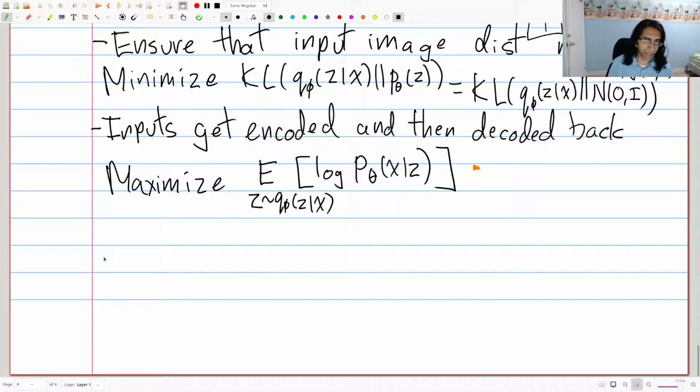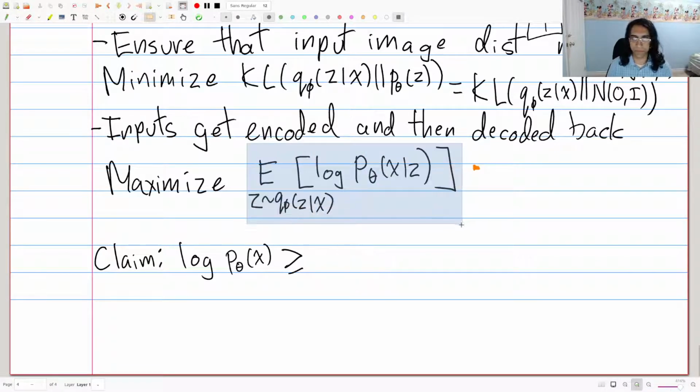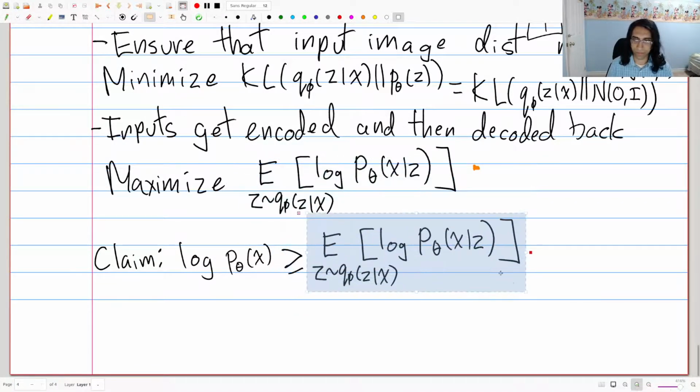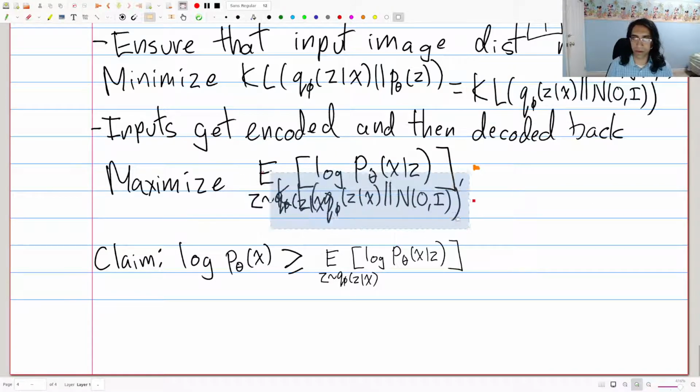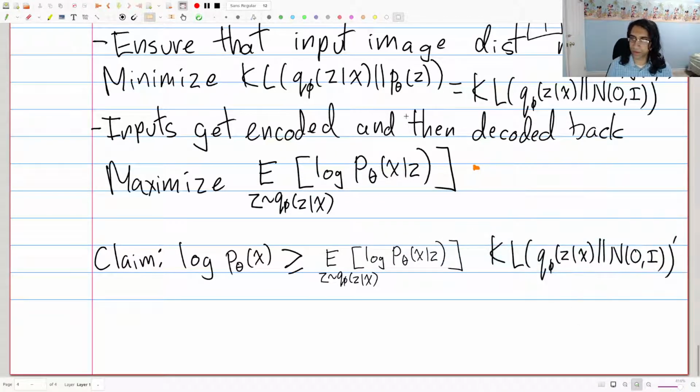And the claim that I'm going to make, and I'm not going to justify this claim, is the following. If you want to maximize, or let me just say it like this, the log of p theta of x, this is going to be greater than, I mean, it's these two terms I just wrote, this and this.